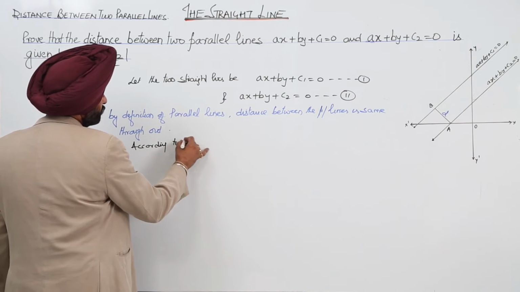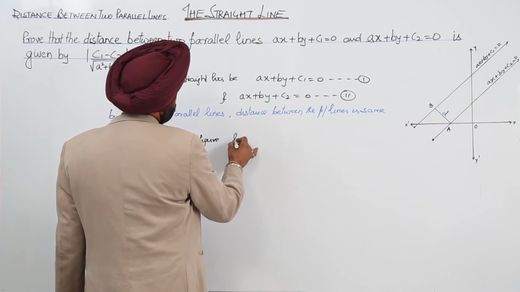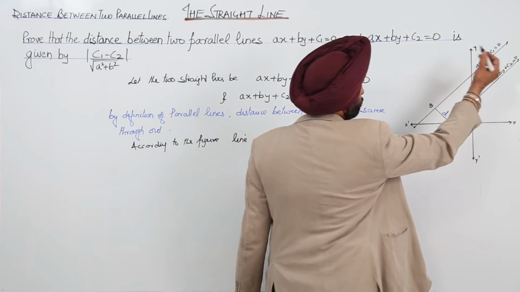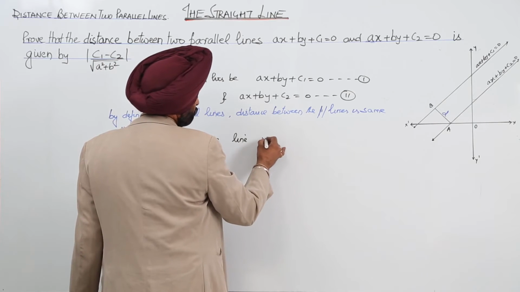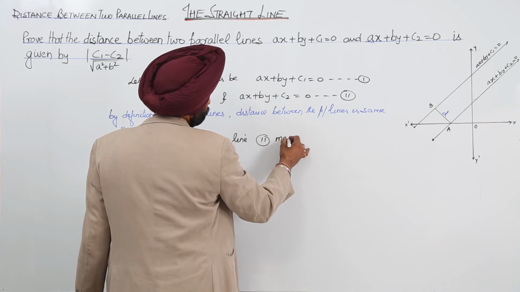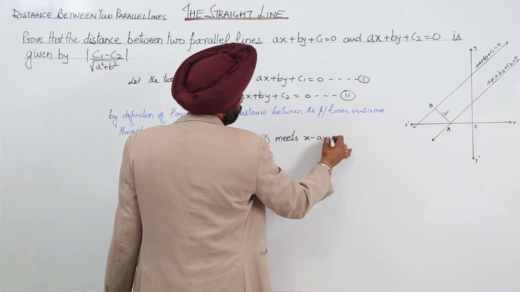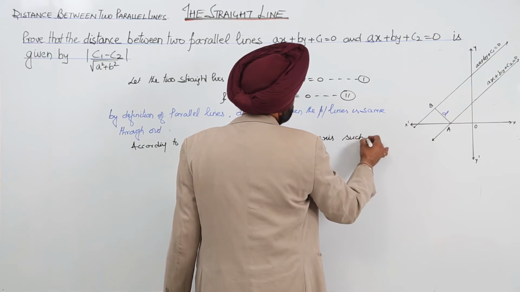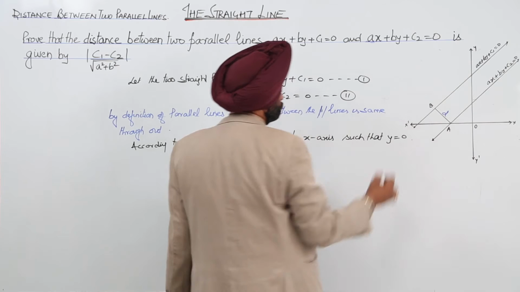Now, according to the figure, I have written here ax plus by plus c2 is equal to 0, that is line 2. Line 2 meets the x-axis such that y is equal to 0.